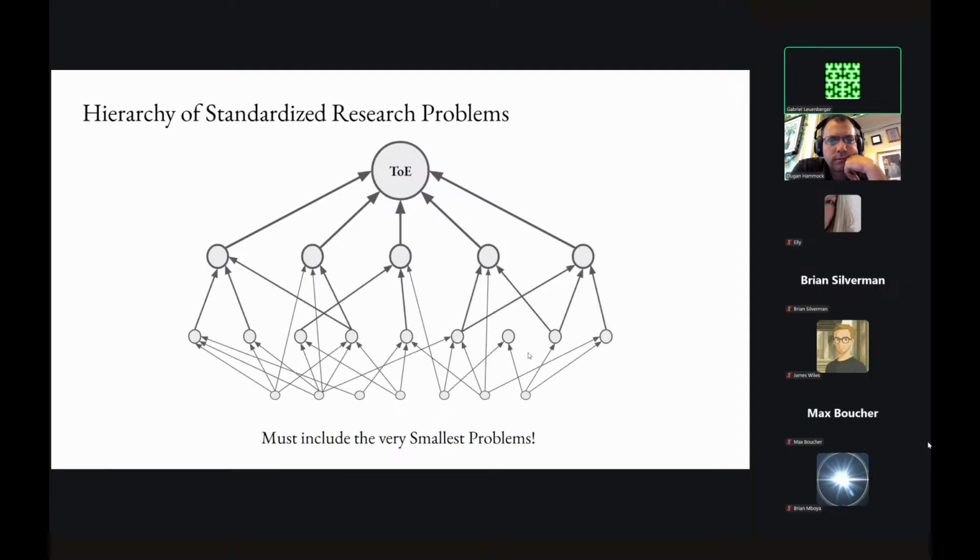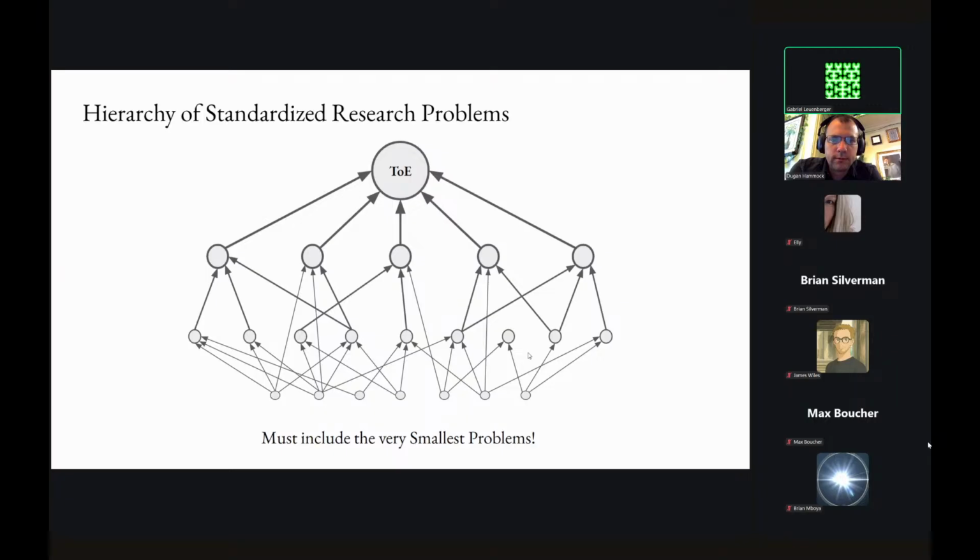At the bottom you might have very small subproblems like find the simplest model for some small symmetry, for gauge symmetry, or for Euclidean distance, or for Lorentz symmetry, or some small symmetry groups, for instance, explain how they work, and then you combine them and you get to larger and more difficult subproblems until you're all the way at the top at a theory of everything.